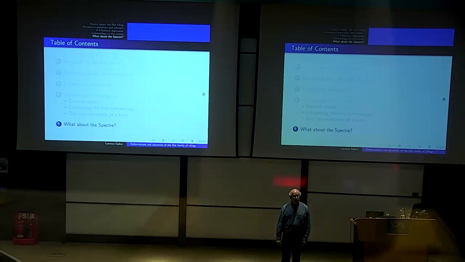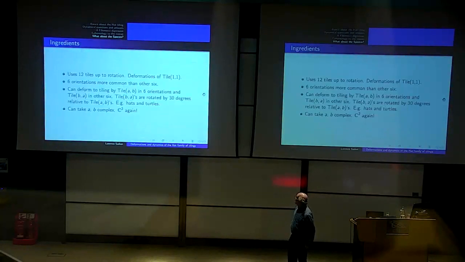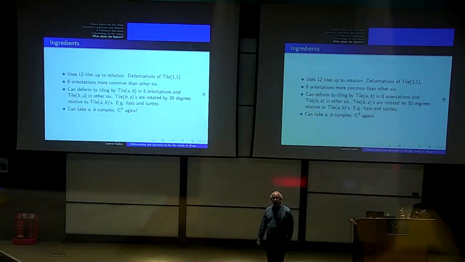So what about the spectre? Well, there it is. It's pretty. With the spectre, what are the ingredients? You have 12 tiles up to rotation. And originally it's just these deformations of tile 1,1, with 6 orientations more common than the other 6. But you can also deform things. Basically, you get something with A's horizontal and B's vertical plus 60 degrees.